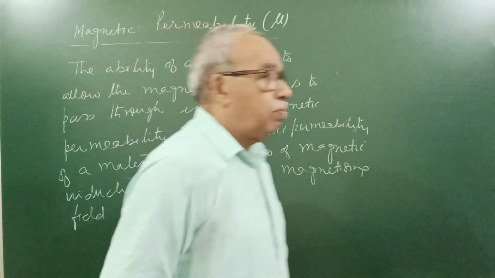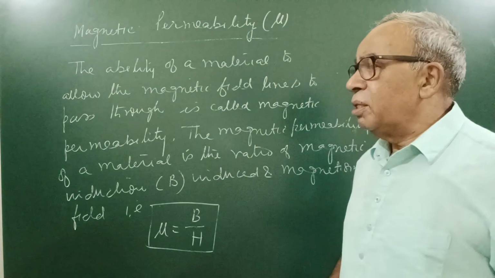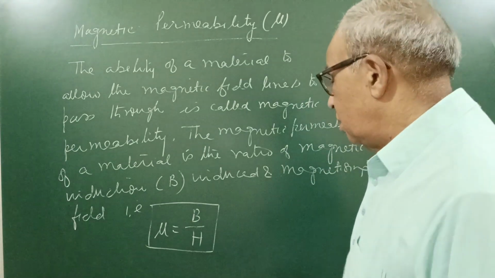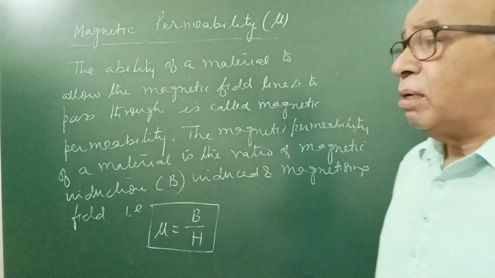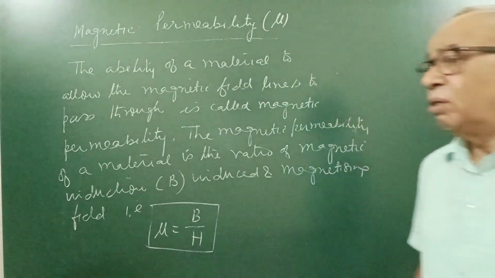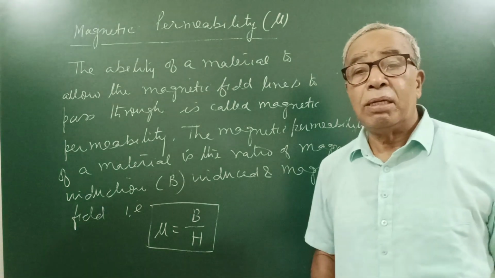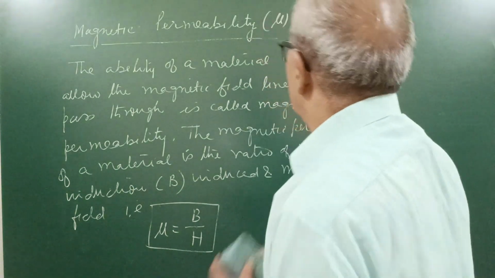I told you paramagnetic materials attract the field lines, but they are weakly attracted. The ferromagnetic material is strongly attracted when placed in a magnetizing field. Diamagnetic materials are repelled. So what does it mean?